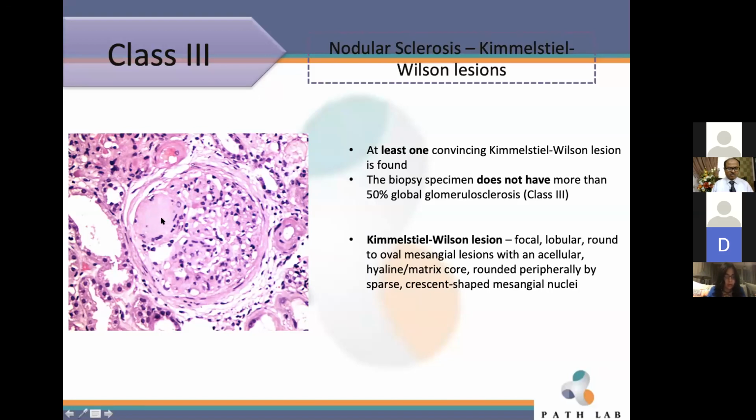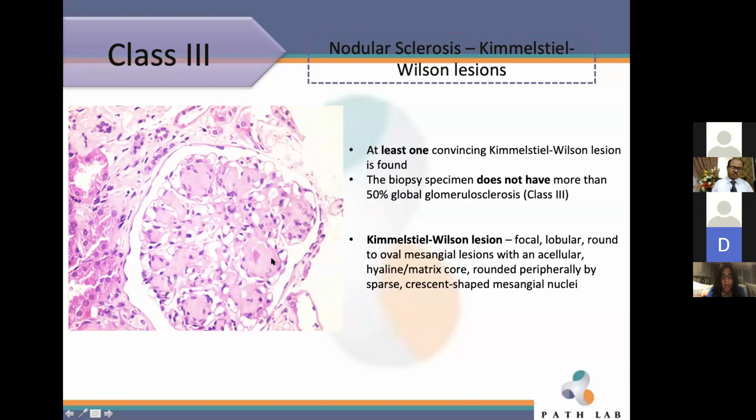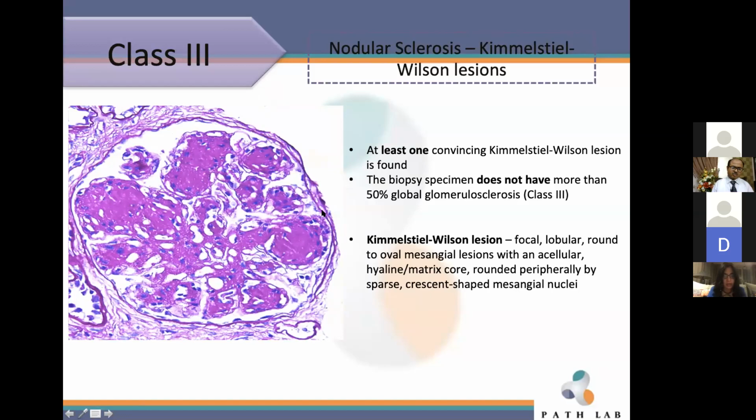The definition of Kimmelstiel-Wilson is that you have a hypocellular nodule and the nuclei are arranged in a row surrounding the matrix. Again, here, hypocellular means that these nodules do not have mesangial nuclei, and that the nuclei are arranged in the periphery. Again, significant nodular glomerulosclerosis, strongly PAS positive, which is a character of diabetes.